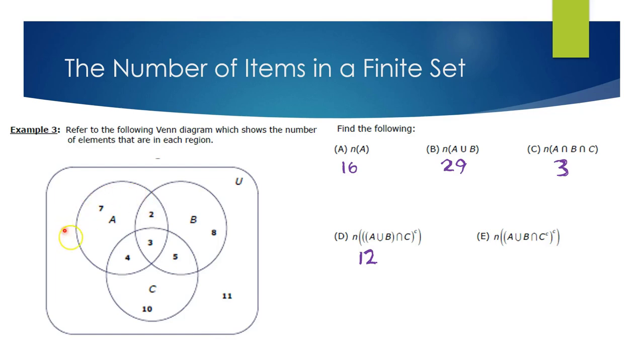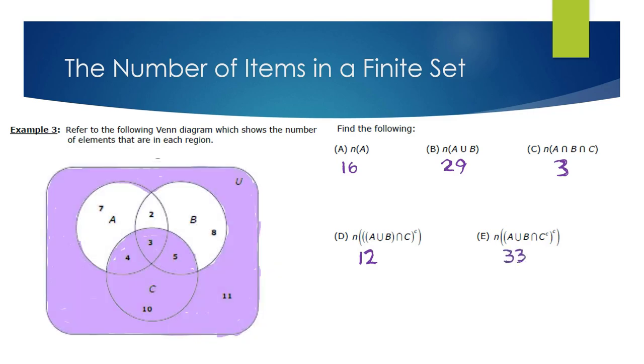So anything that falls in these 2 circles, again, those 29 elements that we had from B. Now I'm looking for those that fall outside of C. So I'm looking at these 17 items here. But I want the opposite of that. So I want anything that falls outside of that region. And there's 33 items that fall outside of that.